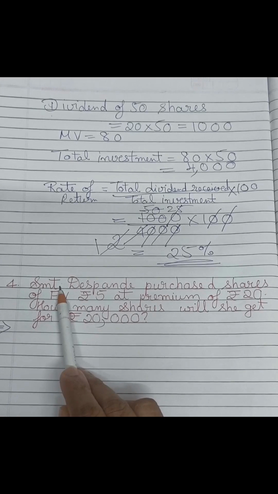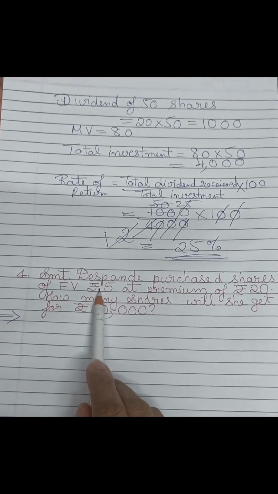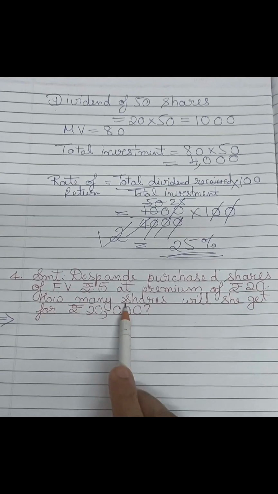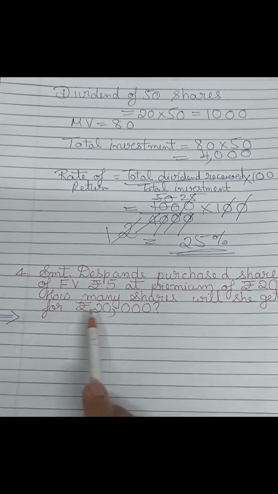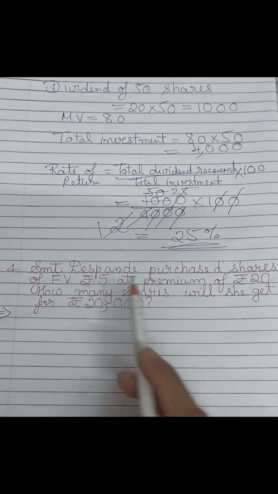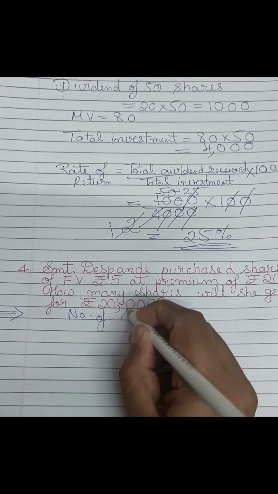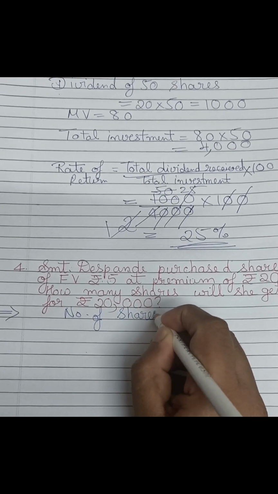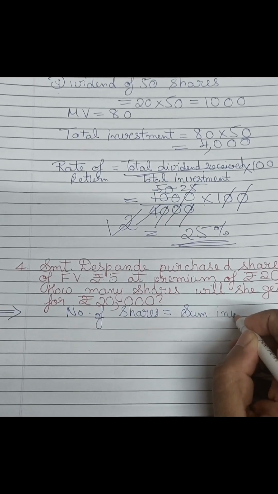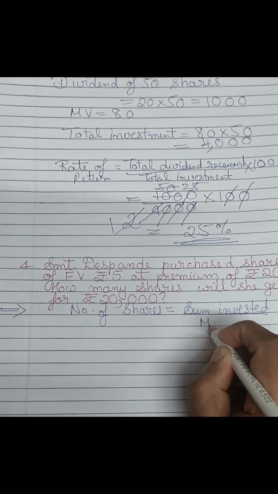Next one we'll see is Srimati Deshpande purchased shares of FV rupees 5 at the premium of 20 rupees. How many shares will she get for 20,000? So here which formula we have to use? Correct, number of shares. What is the number of shares formula? Sum invested upon MV.